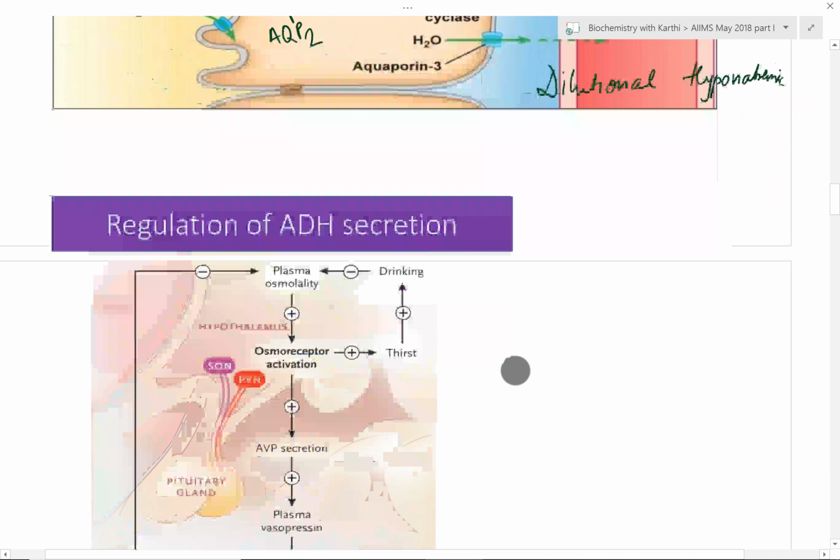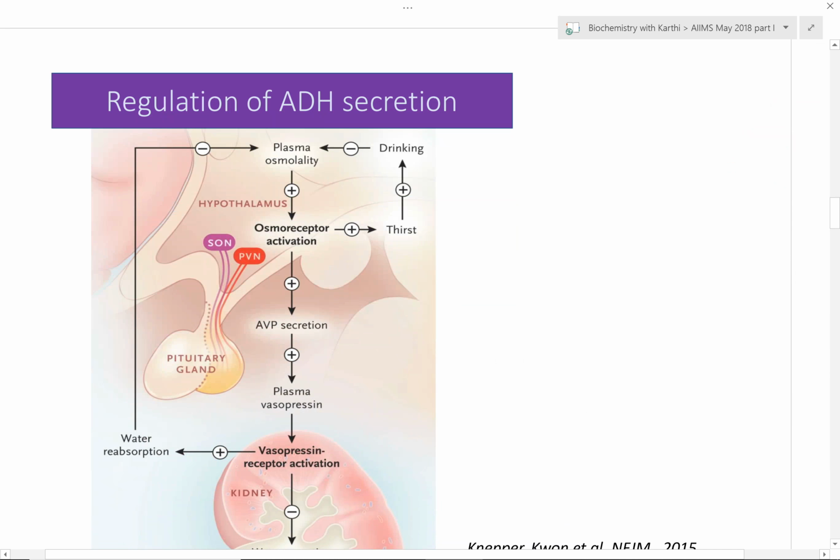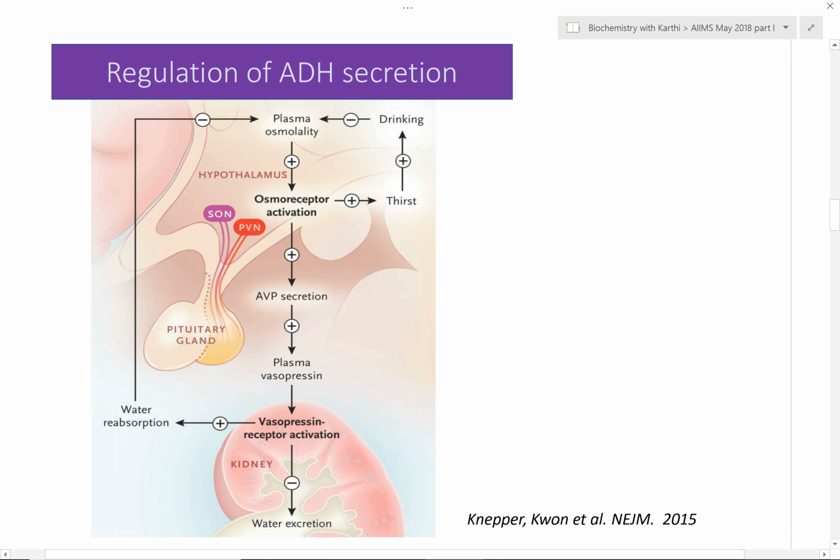So let us see how the secretion of ADH is regulated. Like I told you, the plasma osmolality is the stimulus for the activation of osmoreceptors in the hypothalamus. We'll see now how the osmoreceptors are activated, and the activation of these receptors will cause the release of AVP.